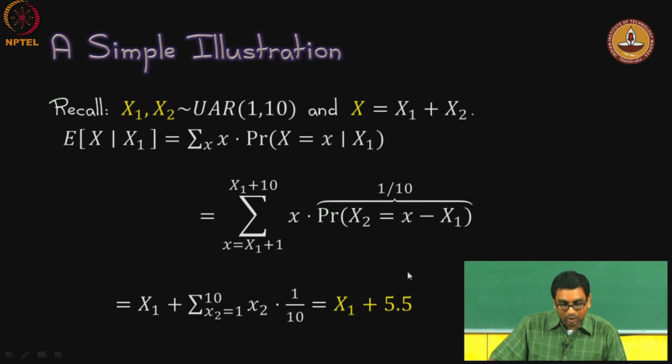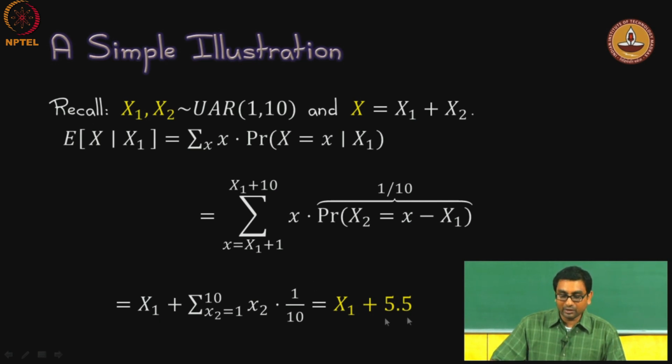So, what is it ultimately going to be? This expectation is going to be x1 plus 5.5. You can work out the details, but let us look at the intuition here. We are asking what is the expectation of uppercase x given some lowercase x1, and remember, this is a random variable.